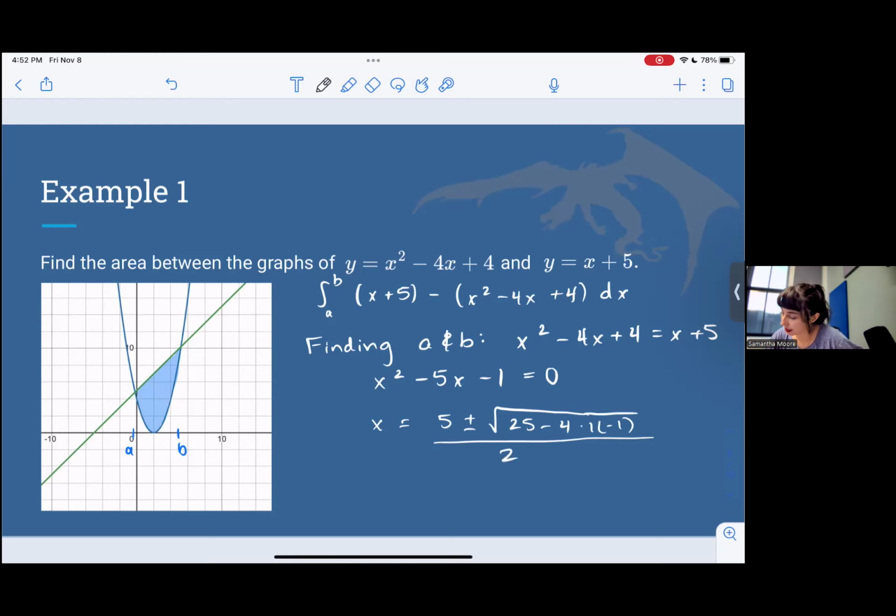And so simplifying down, those are my two roots, so those are going to be my a and my b. And a is the smaller root, so I'll take the subtraction with that. So a should be 5 minus root 29 over 2. And b should end up being 5 plus root 29 over 2.